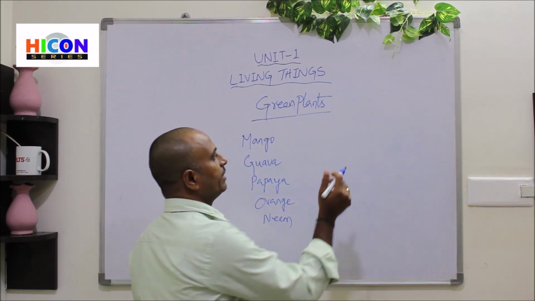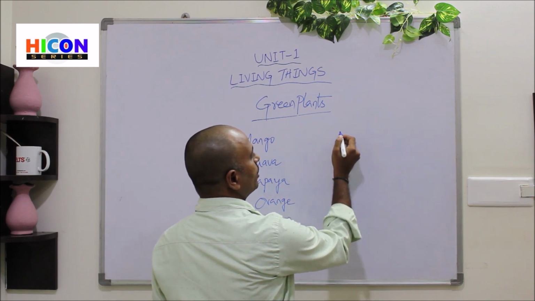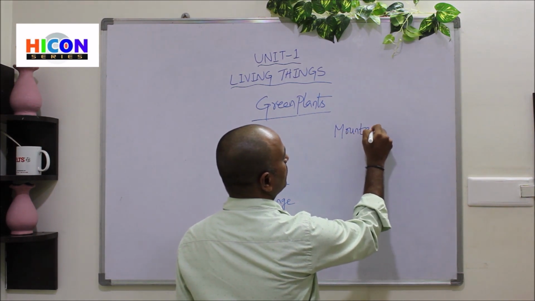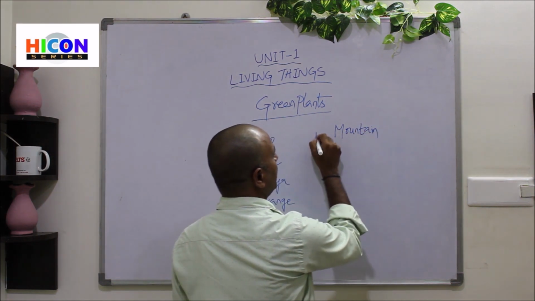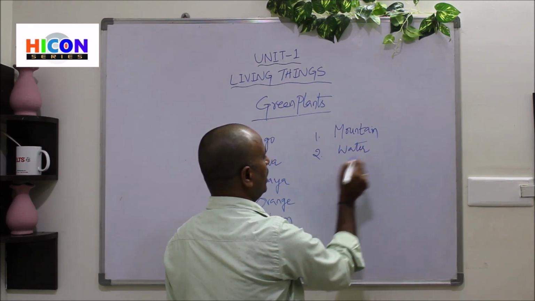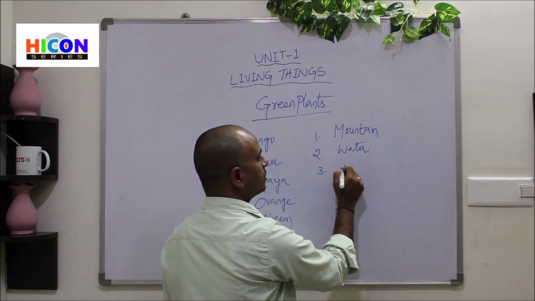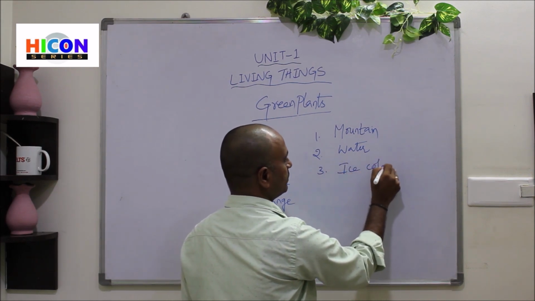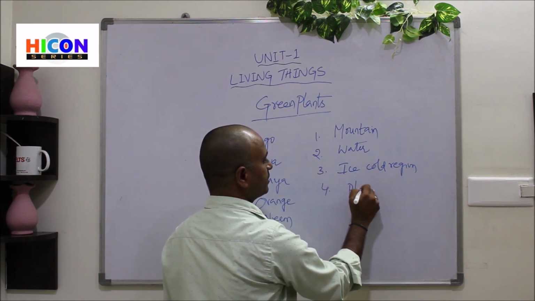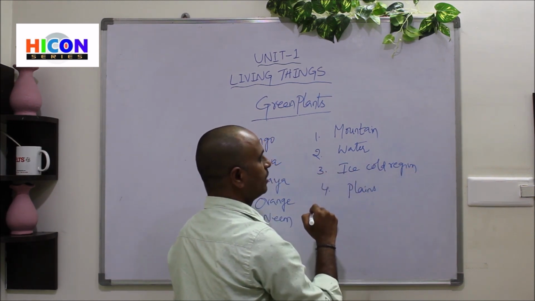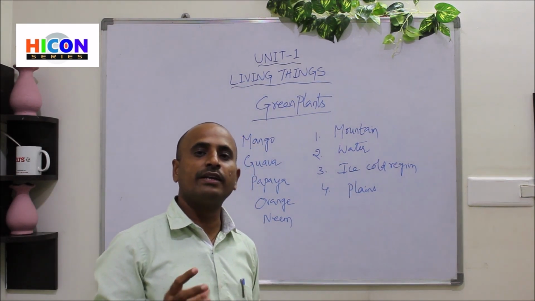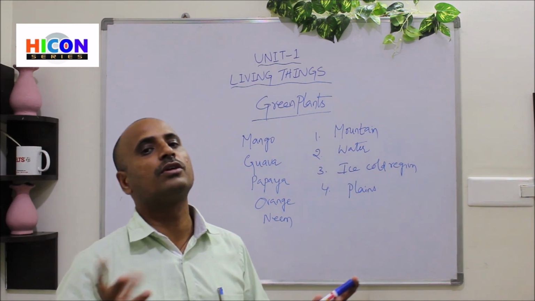For example, some plants grow in hill areas, that is, mountain areas, some plants grow in water, some plants grow in ice cold regions, and some plants grow in plain areas, that means in plains. So we will observe that different types of plants grow in different types of regions throughout the world.